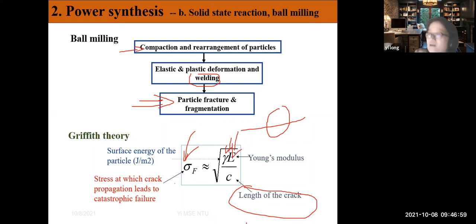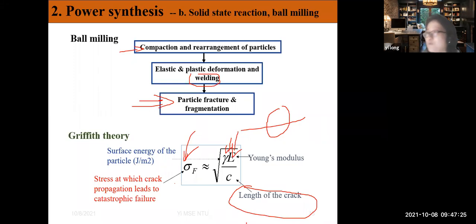This is a very important concept: when your particles become smaller and smaller, the stress you need becomes higher and higher, because it is inversely proportional. So which means, as the particle becomes smaller and smaller, will it be easier or more difficult?